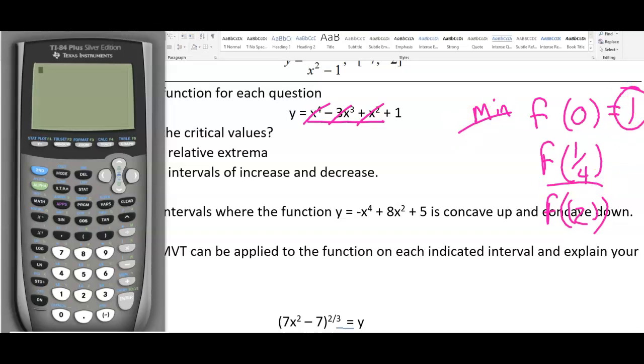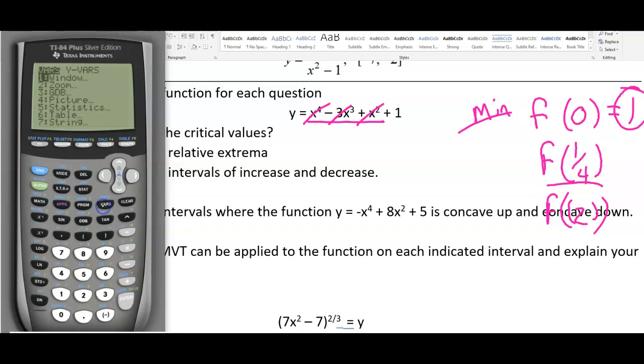This is the one we really want a calculator for, though. So let me show you how to do that. I'm going to go to y equals. I'm going to type in my function. All right, and then I'm going to go to the home screen by pushing second and mode.